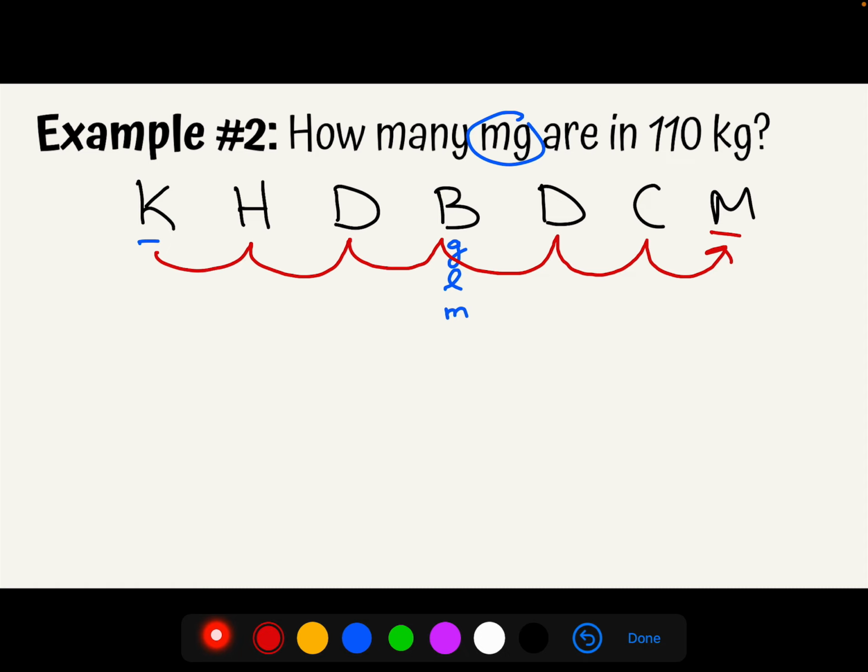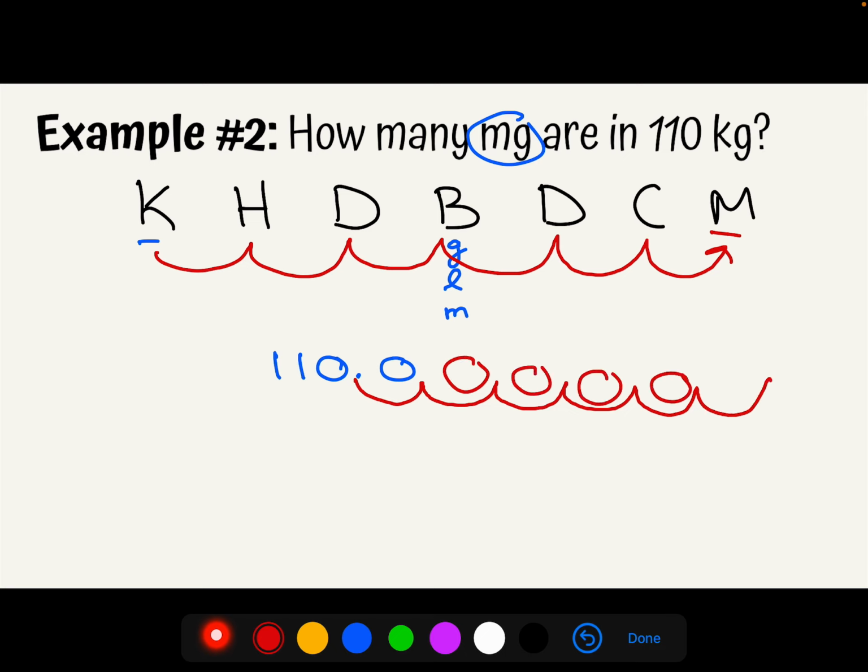And so if I rewrite 110 kilograms, because this is the same as saying 110.0 kilograms. So if I rewrite that, I'm just going to move over 6 times to the right, because that's what I did in my mnemonic. 1, 2, 3, 4, 5, 6. And again, I'm going to fill zeros in every empty space.